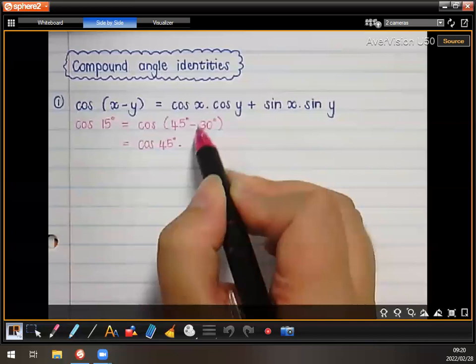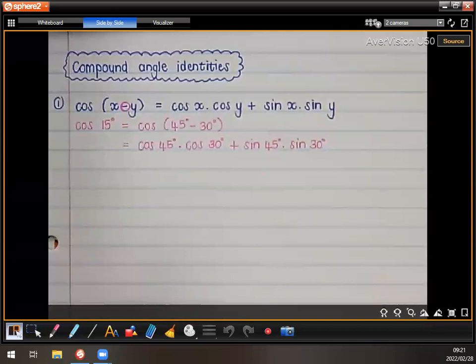This formula is saying if you have cos of an angle minus another angle, you are going to expand that. We call this the expansion. We expand that to cos of the first angle, so cos 45, times cos of the second angle. The second angle, if we're looking at x minus y, is y. The minus is almost separate from the term, so the second angle is not negative y.